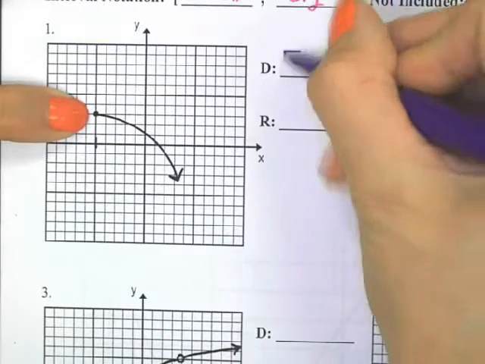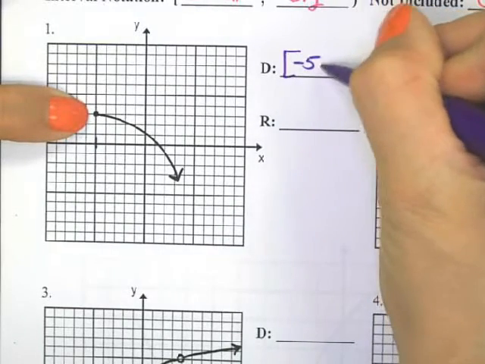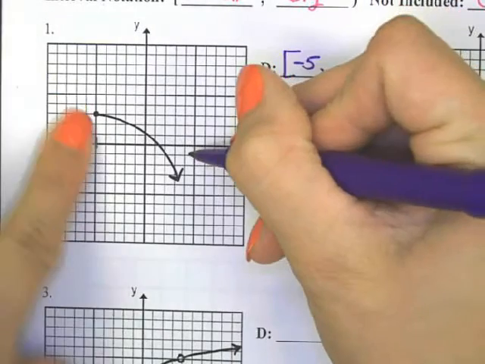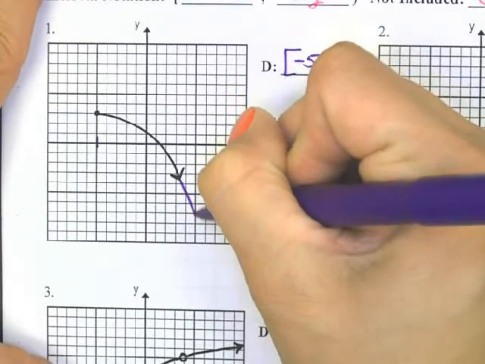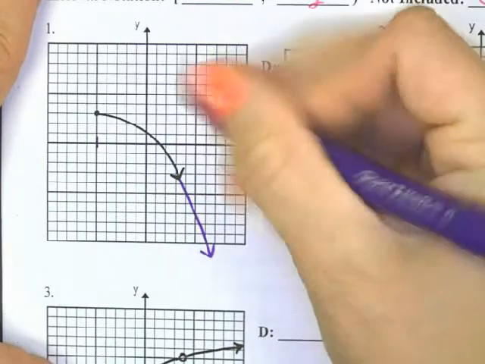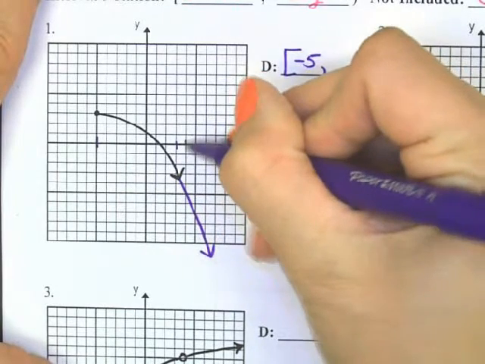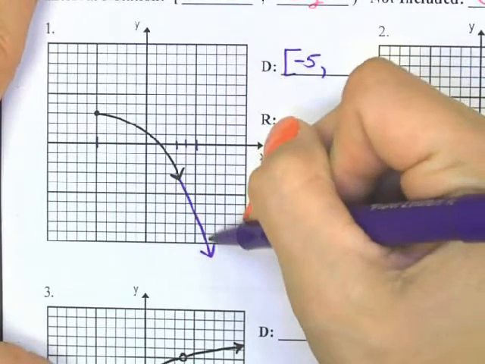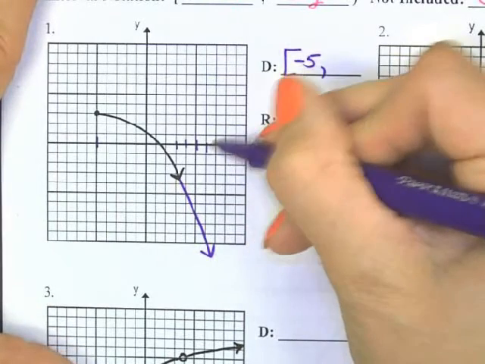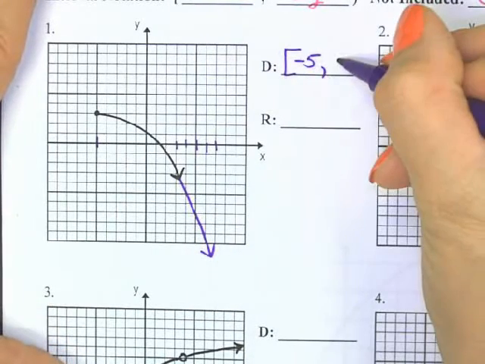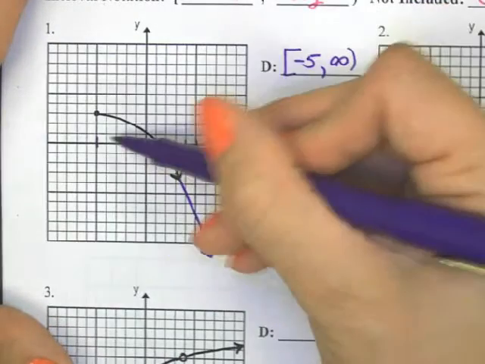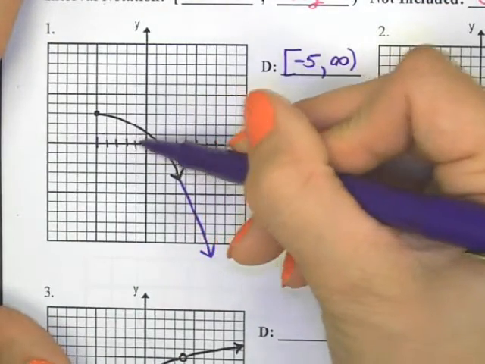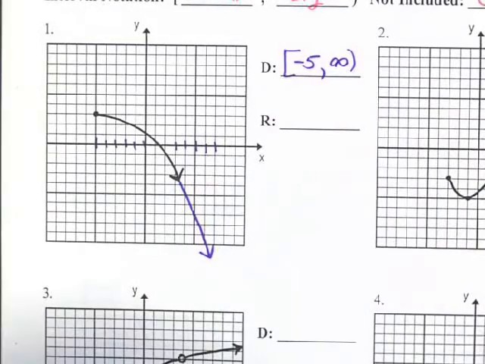So I'm going to use a bracket from negative 5, comma, and sometimes it helps if I exaggerate the arrow. This is going like this, like this, like this. So is the largest x being used 3 or 4 or 5? Well, since it keeps going, it's going to keep using bigger and bigger. That's going to be infinity with parentheses. Notice how I'm looking at the x-axis and making tick marks on that.